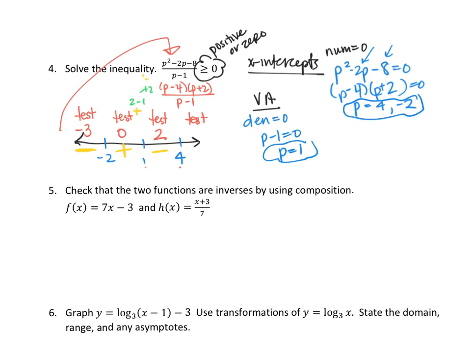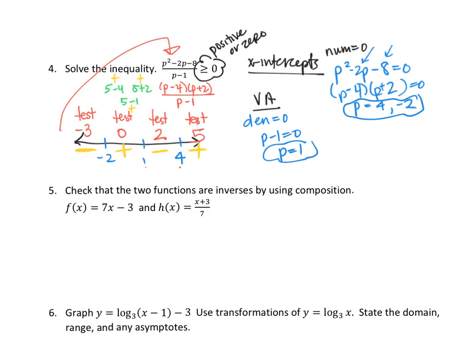All right, the last part we want to check, let's test something bigger than 4. We're going to test a 5. So when I plug in 5, it's going to be 5 minus 4, 5 plus 2, 5 minus 1. So we're going to get something positive times something positive divided by something positive. That's going to be positive.